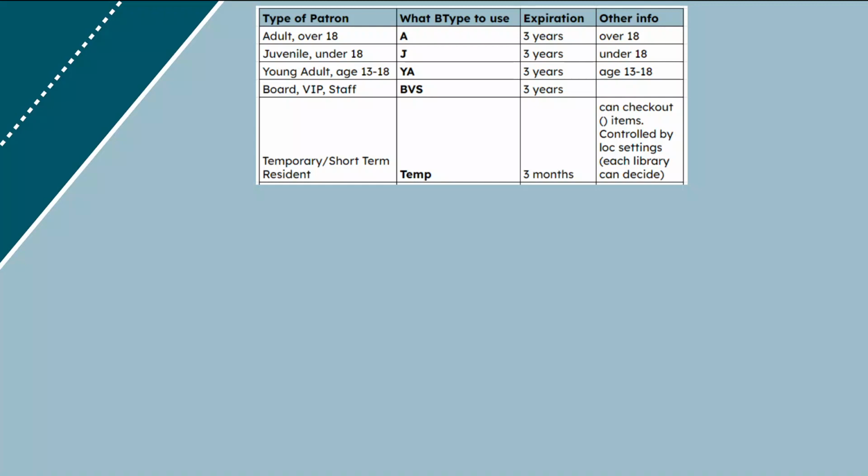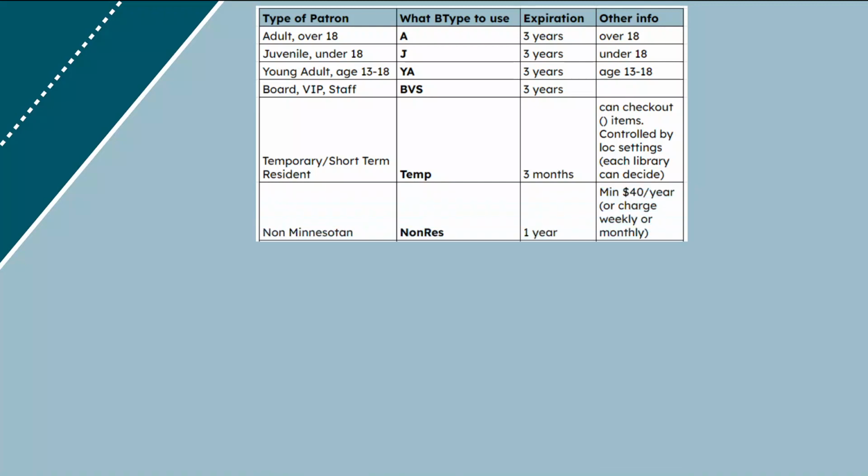Assuming that the library policy allows for temporary residents to check out material, settings can be set differently than the normal A-type. Typically, the number of items is limited for these patrons. Non-Minnesota patrons that use the library consistently, say someone that lives just across the Minnesota border, or lives in one state and works in or near the library's town, can be set up with the non-res B-type.